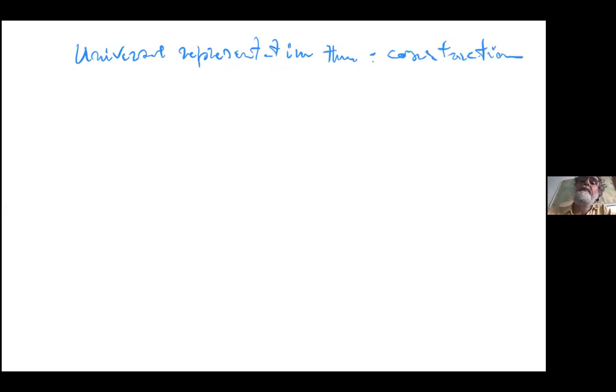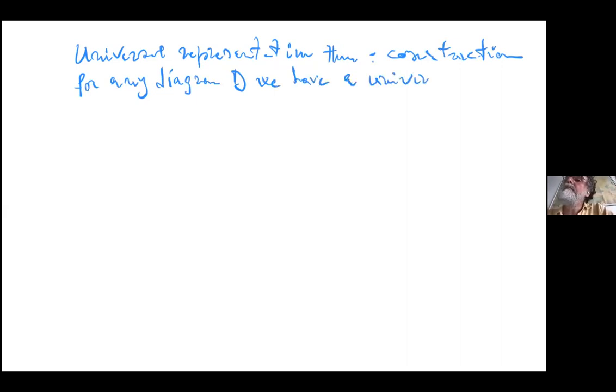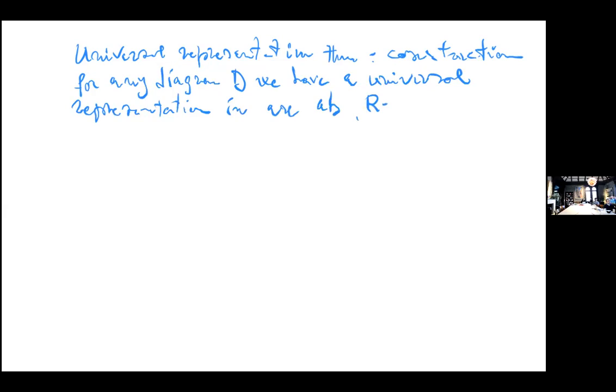If you have any diagram, the quiver, we have a universal representation in an abelian R-linear category, where R is a fixed commutative ring with one, not necessarily Noetherian, any ring.